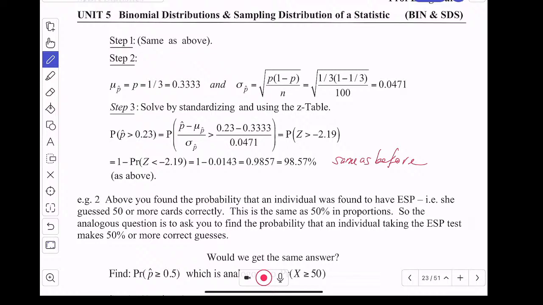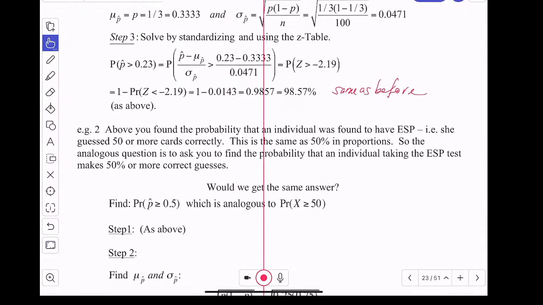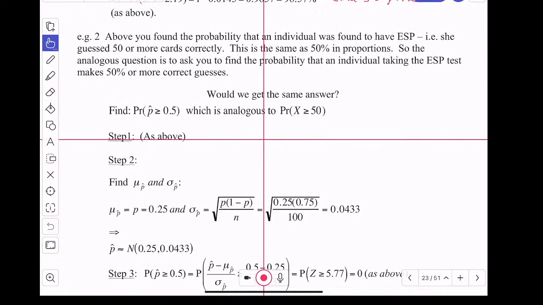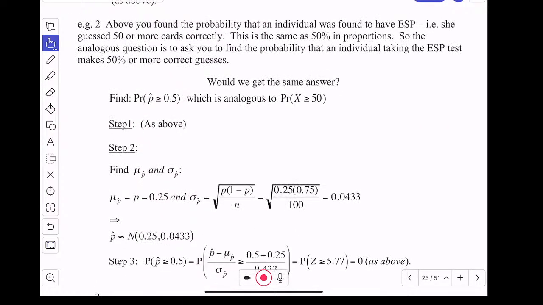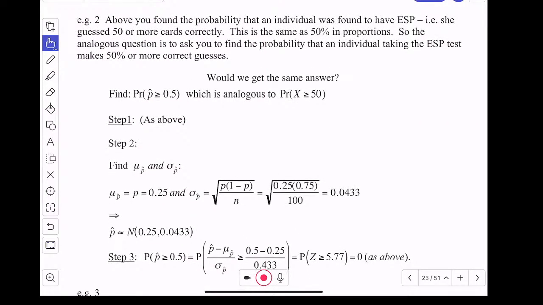Right, now let's answer the other question on the ESP using the sampling distribution of the sample proportion. So using the sample proportion, rather than greater than or equal to 50, 50 out of 100 is 50%, right?